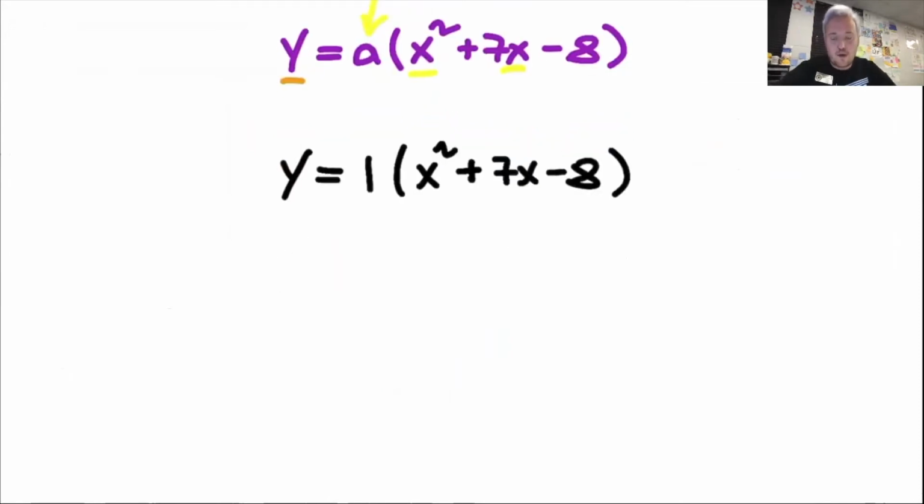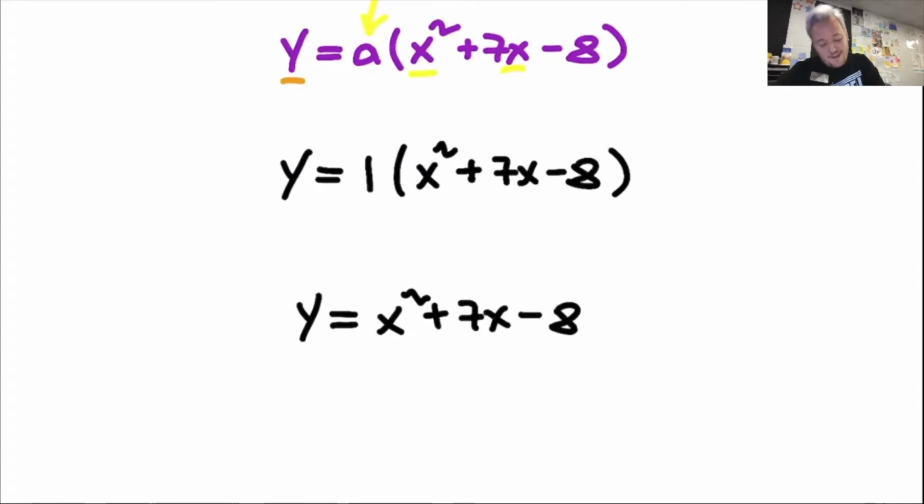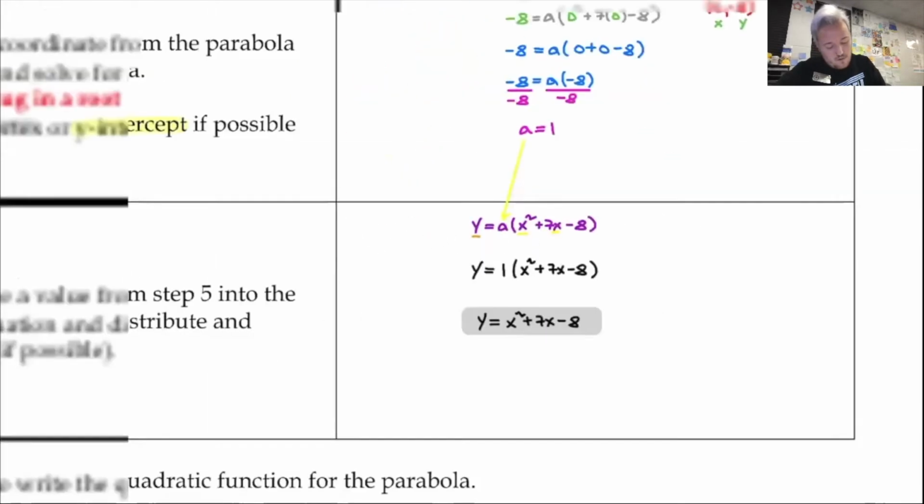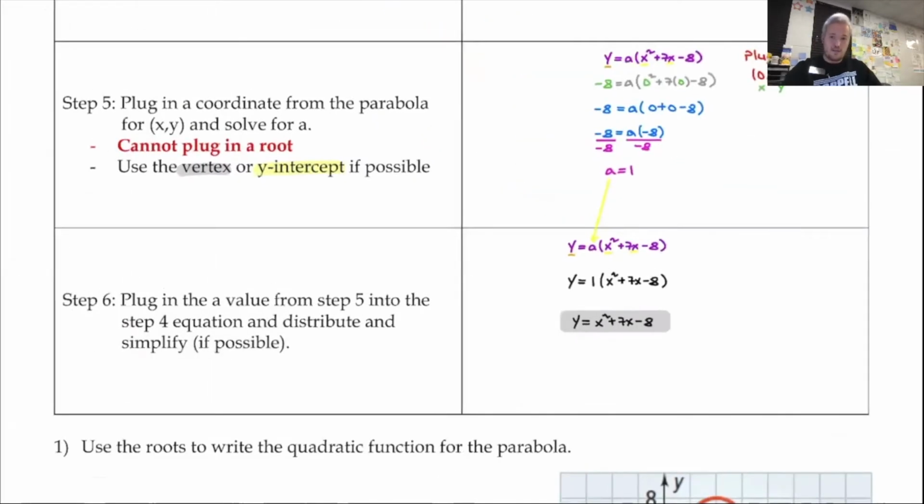But when I distribute that 1, it doesn't change anything. It's just the original equation, which means your equation is just y equals x squared plus 7x minus 8. Okay, so that's really doing it step by step.